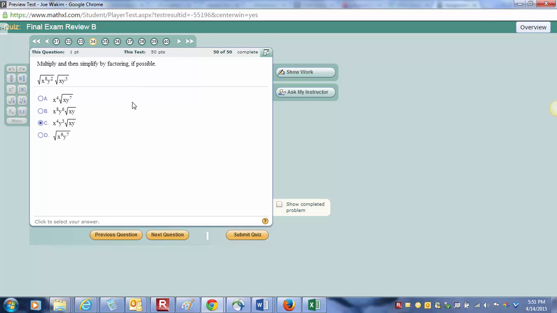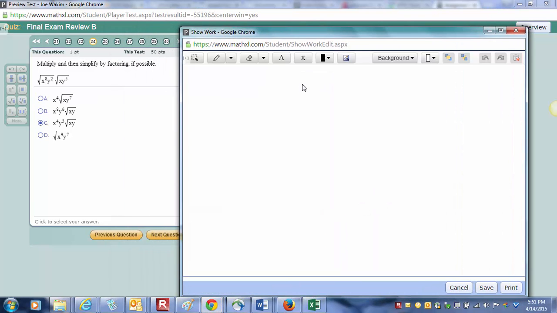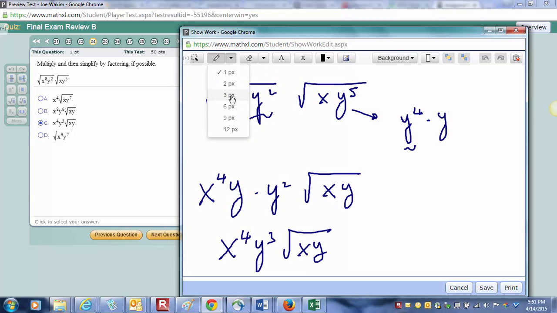Number 34. Here we have x to the power 8, which is a perfect square, because x to the 4th times x to the 4th is x to the 8th. This is also a perfect square because y times y. So this will come out as x to the 4th, and this will come out as y.